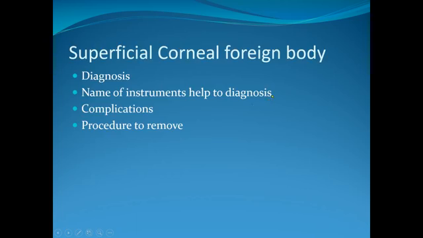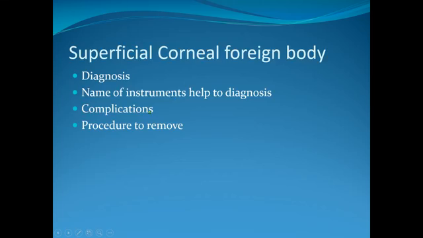Name the instruments that help to diagnose: slit lamp and cross light. If another question asks what instruments help to remove the corneal foreign body, they are the universal eye speculum and foreign body spud or hypodermic needle.